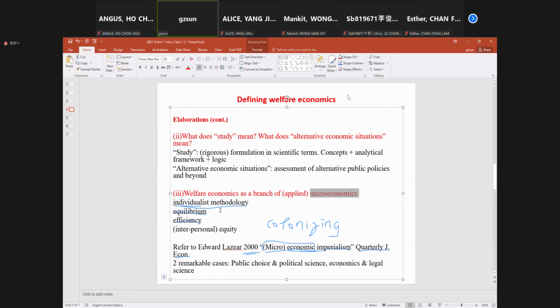We start from individual choice: individual consumer, individual producer, individual seller, individual businessman or businesswoman. He tries to pursue self-interest in the rational way. So this is one part.